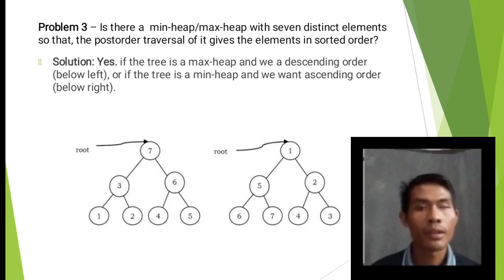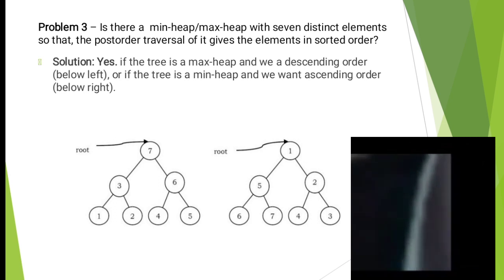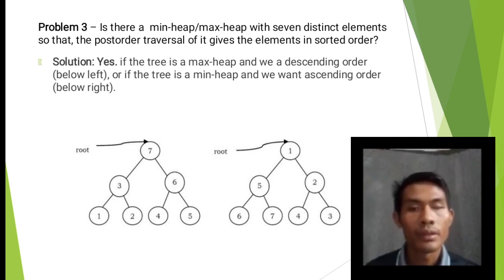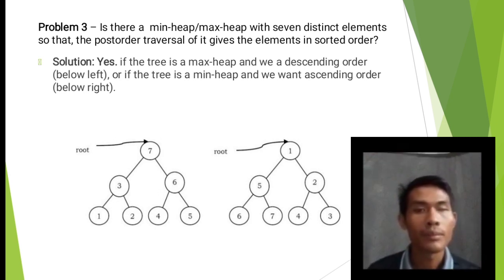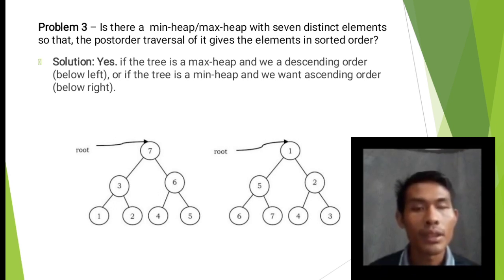This is the example of the max heap: the root is 7, then on the left side 6, 5 and 4, then on the right side 3, 2 and 1. In the second diagram, this example of the min heap, the root is 1, then on the left side is 2, 3 and 4, then on the right side 5, down to 6 and 7.